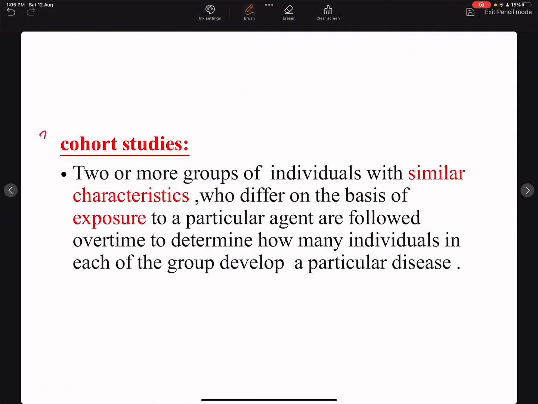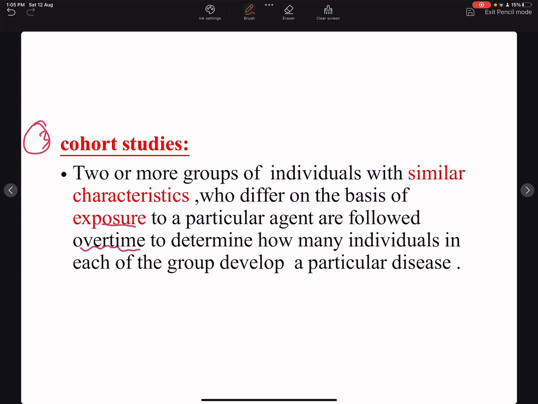The third type of design is the cohort study, in which two or more groups of individuals have similar characteristics but differ on the basis of exposure. So the only difference between the two groups of individuals is the exposure to a particular agent. This is followed over a certain time.